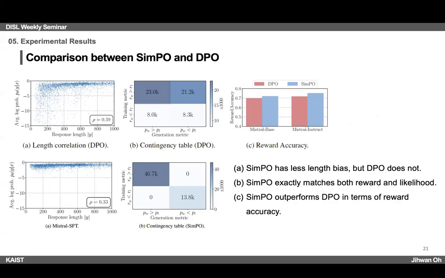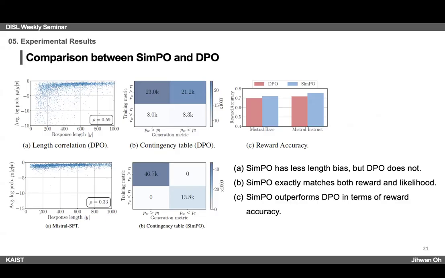DPO shows a relatively strong correlation, about 0.59, indicating its length bias. But in contrast, SimPO, as shown in the bottom left figure, shows a much weaker correlation, about 0.33, meaning it generates less verbose responses and is less sensitive to output length.